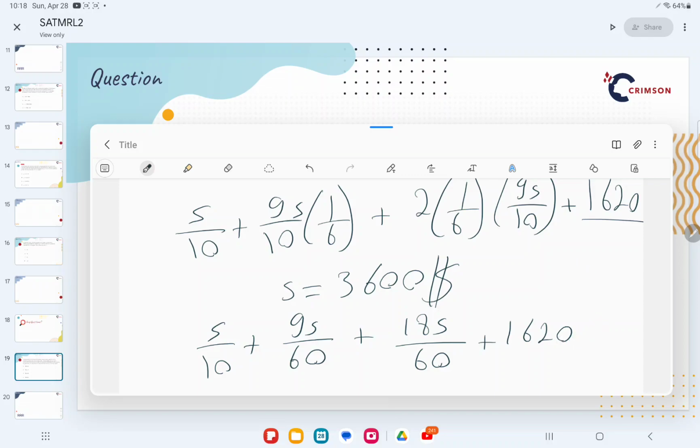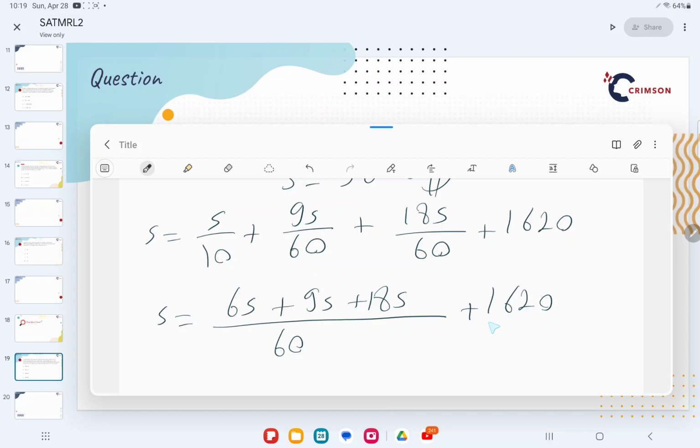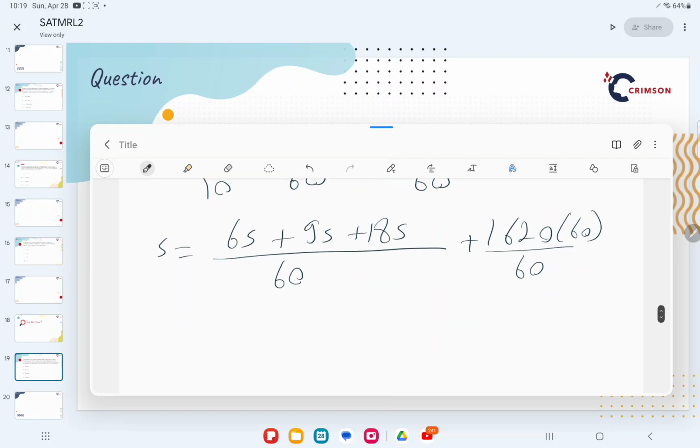Now all of this is going to be equal to 1 unit, which is S. So S is equal to 6S/60 plus 9S plus 18S plus 1620 over 60.